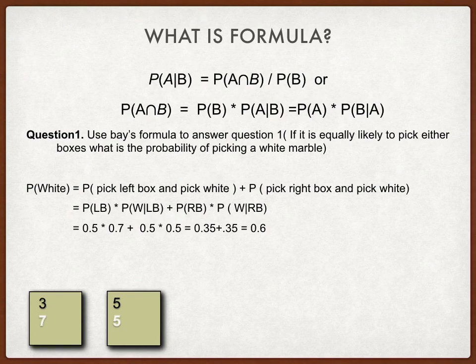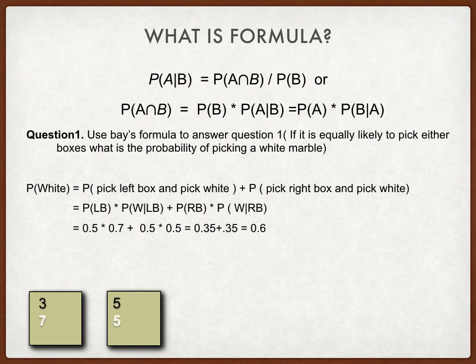So let's ask a different question. Or actually, it's not a different question, it's the same as question 1. This time we are using the Bayes formula to solve it, right? So we're asking, what's the probability that a white marble is chosen? Probability of a white is partitioned into two conditions. It can be a white coming out of the left box, right?